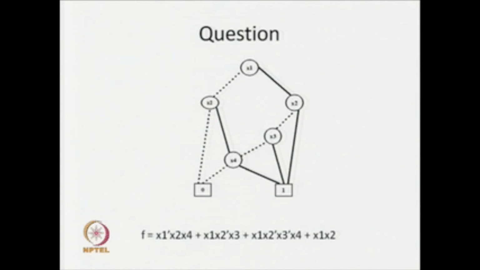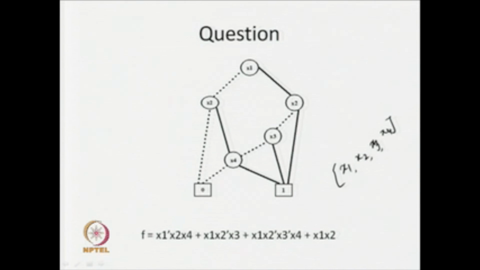Okay. So, this is the ROBDD for this given function and the ordering that we are going to consider is x 1, x 2, x 3, x 4. By using the Shannon expansion, you can construct the OBDD and after that apply the reduce algorithm to get the ROBDD, and eventually you will get this structure.